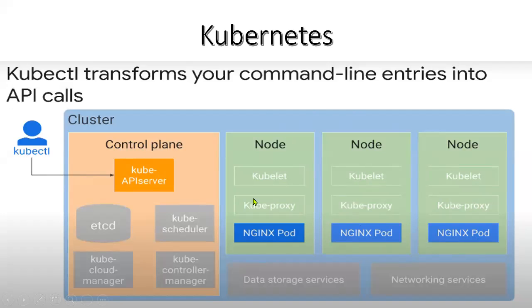What is the problem with this setup? Suppose this Nginx pod goes away, you'll not know it. You'll check, yes, it is down, then you'll create it again. Yes or no?